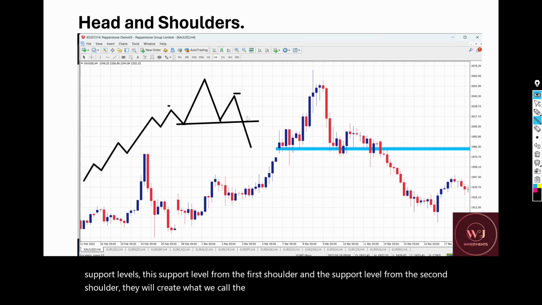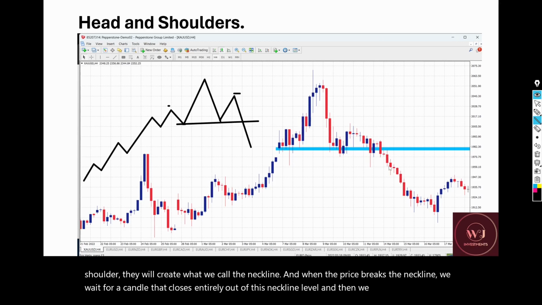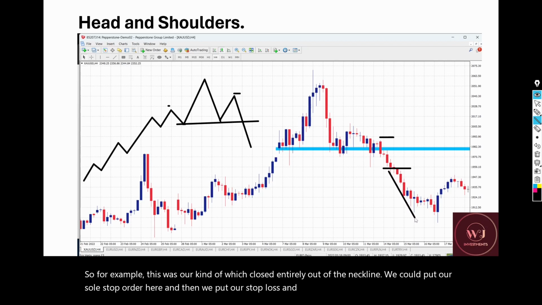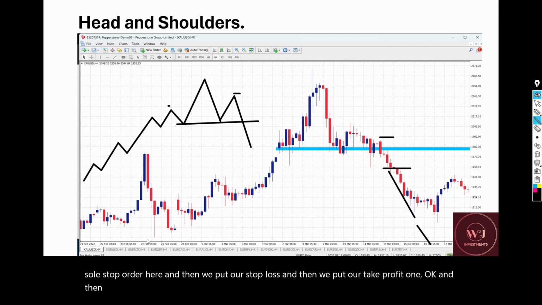And we go in, when the price breaks the neckline, we wait for a candle that closes entirely out of this neckline level, and then we make a short trade. So for example, this was our candle which closed entirely out of the neckline. We could put our sell stop order here, and then we put our stop loss, and then we put our take profit 1. Okay, and then take profit 2 would be right below here, next level of support.